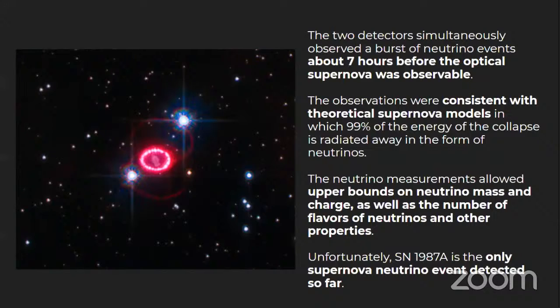Further, the neutrinos undergo flavor conversions in the dense medium inside supernovas. So, getting data about this could help us study neutrino-neutrino interactions. But unfortunately, this event, the SN 1987A, is the only supernova neutrino event detected so far. Our detectors now are working towards getting more data on supernova neutrino events.